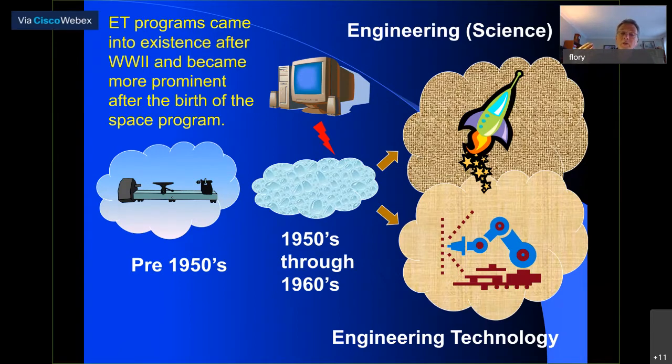And then we get to the 50s and the 60s. What's changed there is now we're starting to talk about computers. Now we're starting to talk about electronics. Now we're starting to talk about these things that are really going to dramatically change and shape what we're doing from an engineering standpoint.